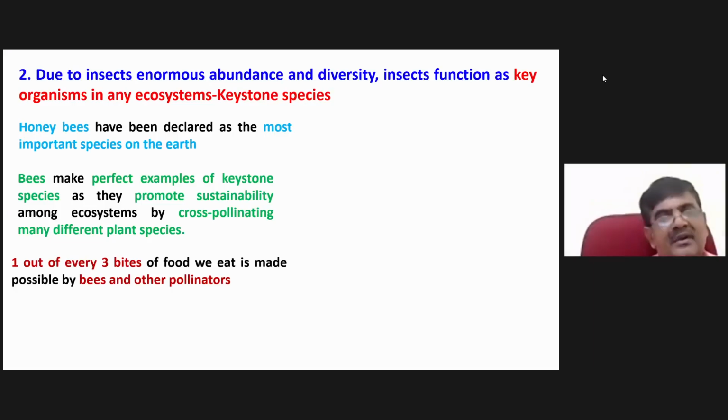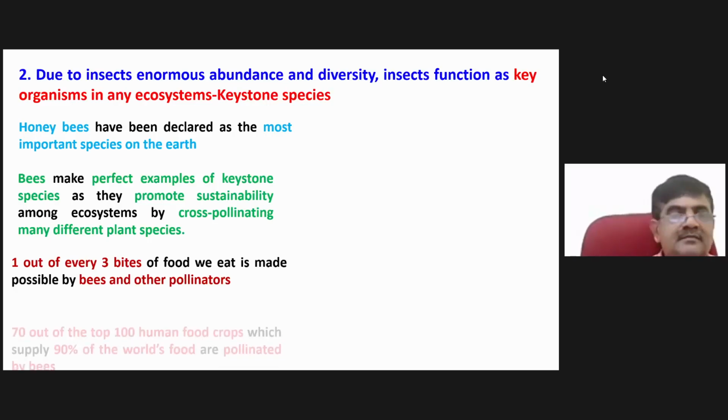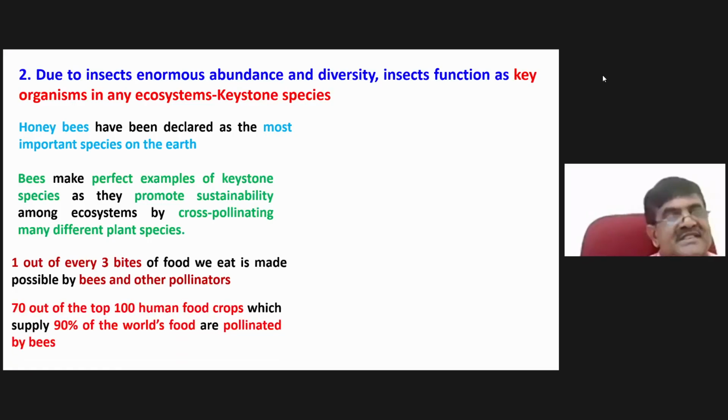There is a statement that 1 out of every 3 bites of food we eat is made possible by bees and pollinators. So remember, out of 3 bites, 1 bite of food we eat is possible only by bees and other pollinators. 70 out of the top 100 human food crops that supply 90% of world food are pollinated by bees.